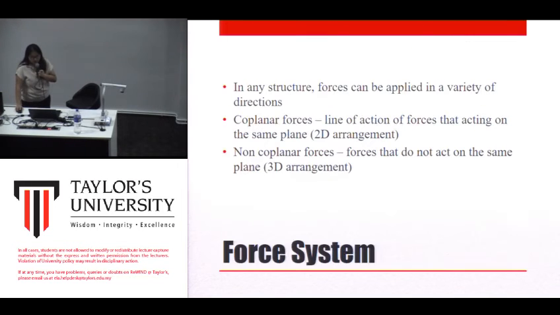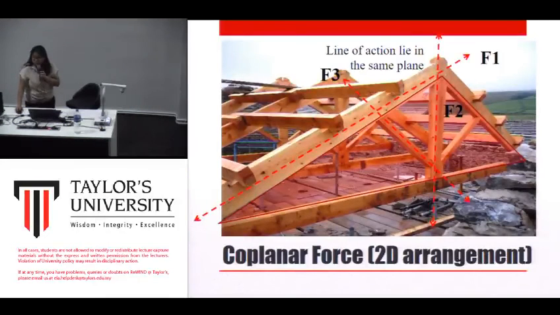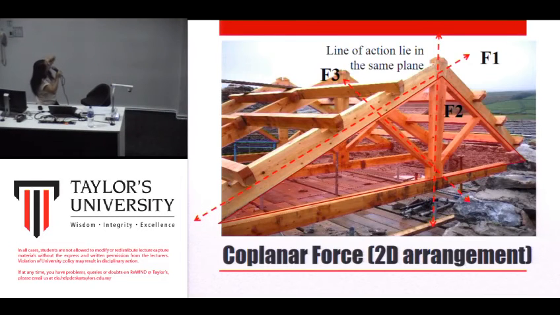Alright. So in any structure, force can be applied in various directions. We have coplanar force and we have non-coplanar force system. Coplanar force means that all the forces act on the same plane. You look at F1, F2 and F3, the lines of action actually lie on the same plane.